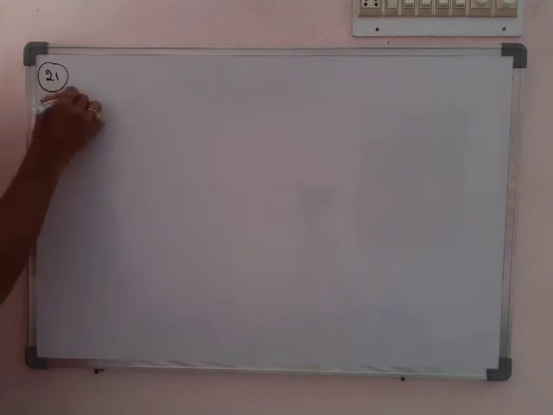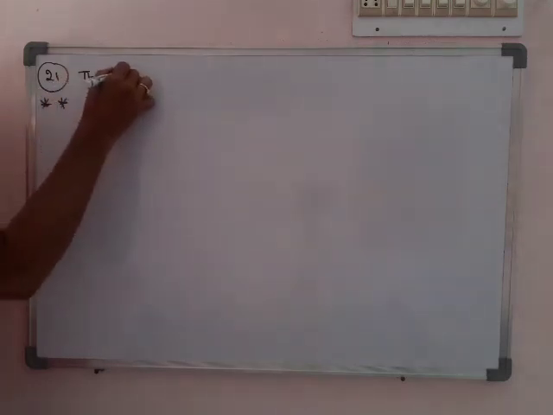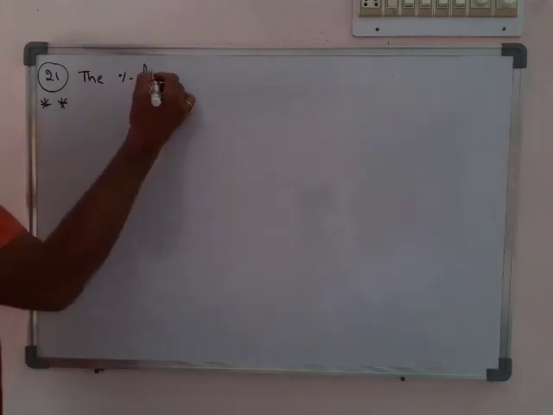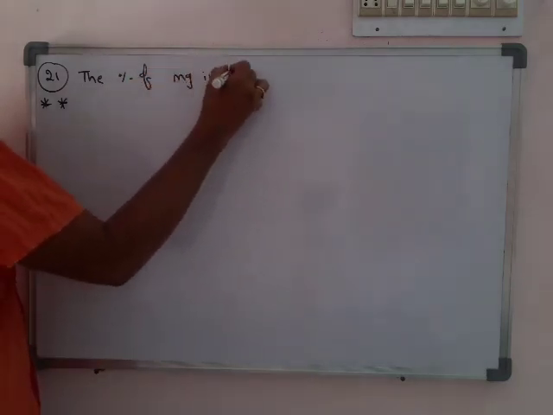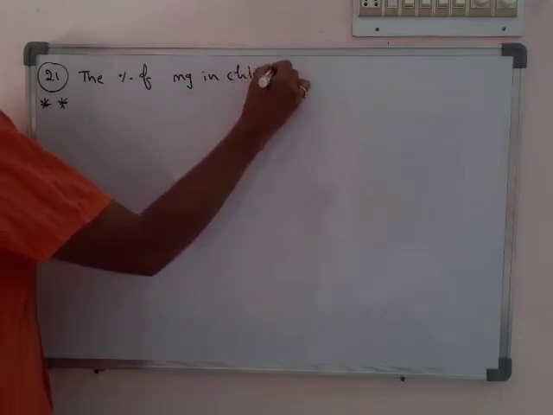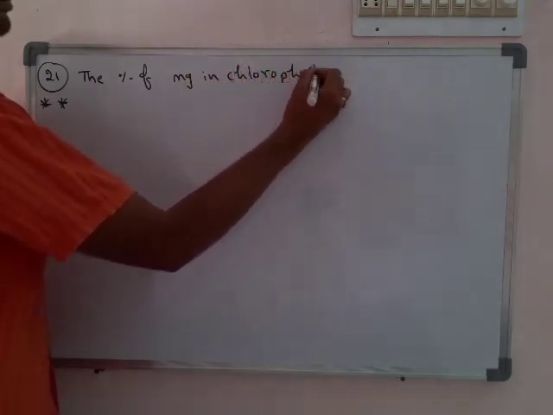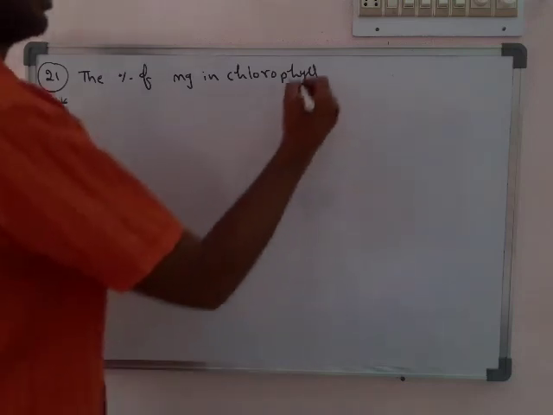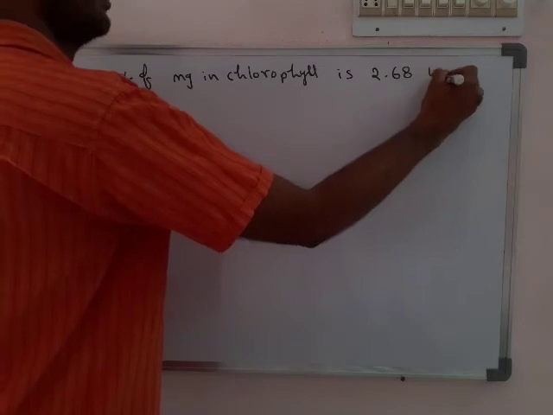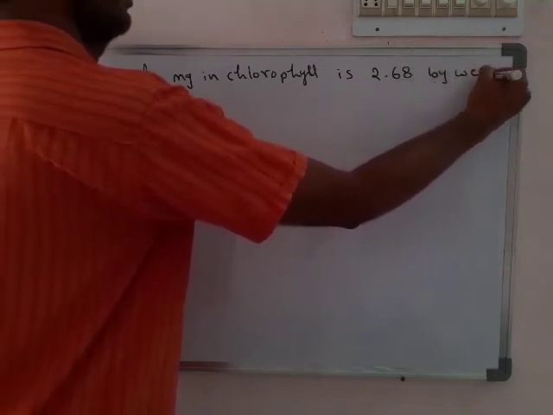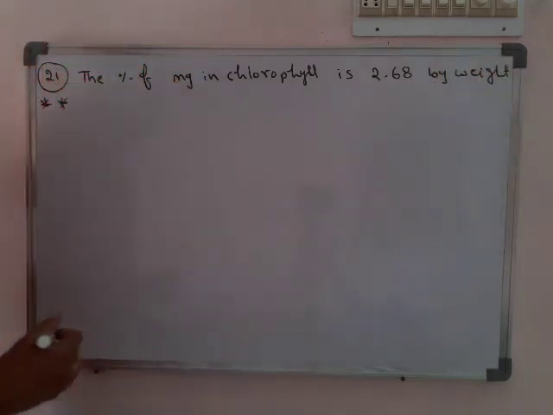Okay, see one more important problem. The percentage is a very important one. The percentage of magnesium in chlorophyll is 2.68 by weight.